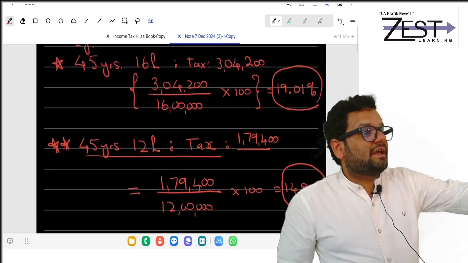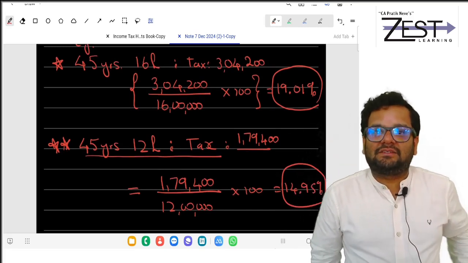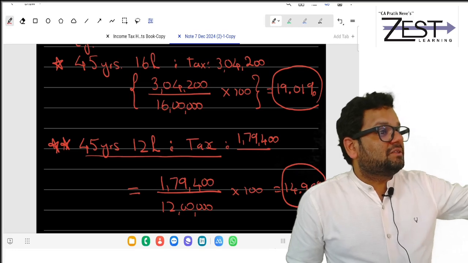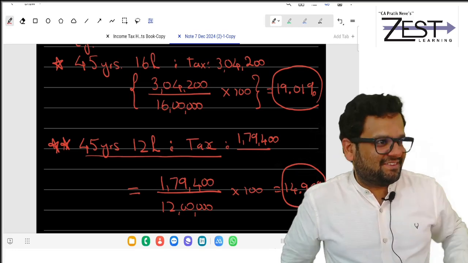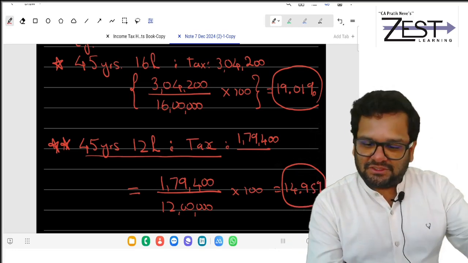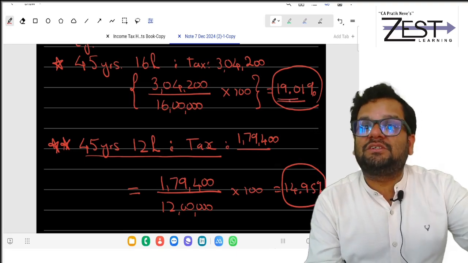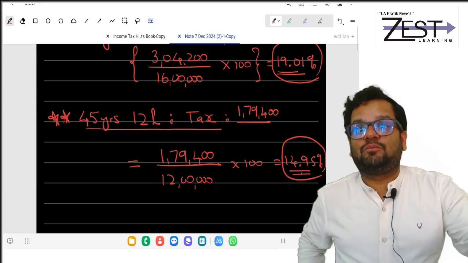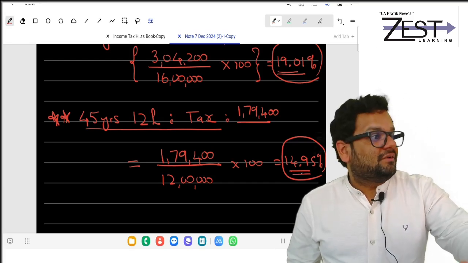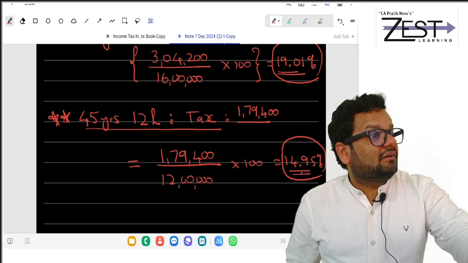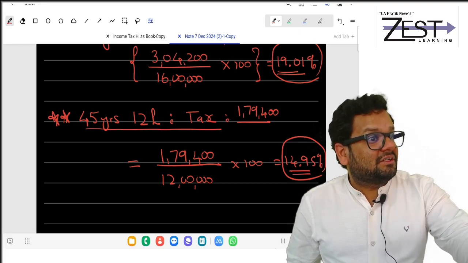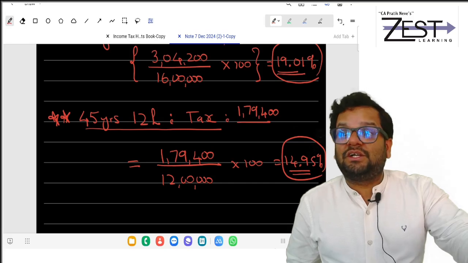One is earning 16 lakh, one is earning 12 lakhs. They both discuss how much percentage of their income they pay as tax. This person says 19, this person says 14.95. Higher the income, higher is the effective rate of tax.